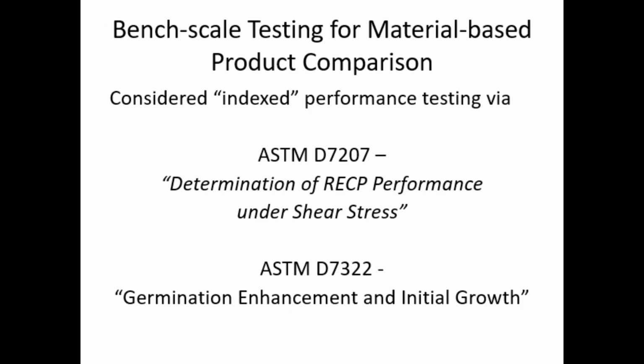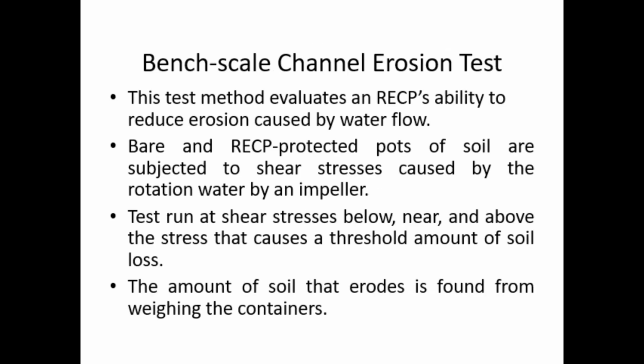Let's look a little closer at each of these. ASTM D7207 subjects both bare and RECP protected pots of soil to hydraulic shear stresses caused by the rotation of water inside a tank by an impeller blade.